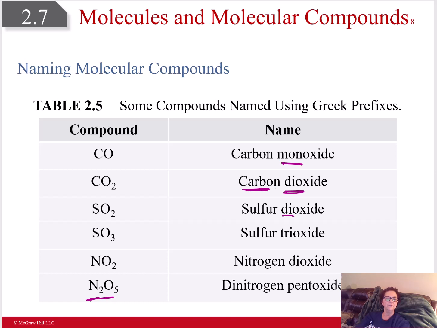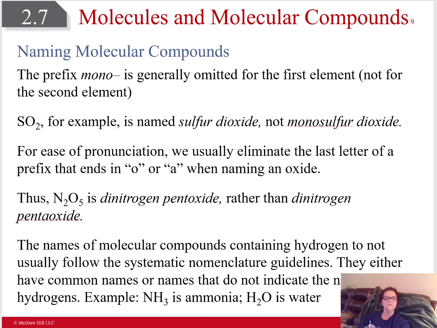When you have more than one of the first one, you're going to say dinitrogen, but you still just use the nitrogen name. And then pentoxide, saying that we have 5 oxygens. So as I said, we omit the mono if it's the first element.